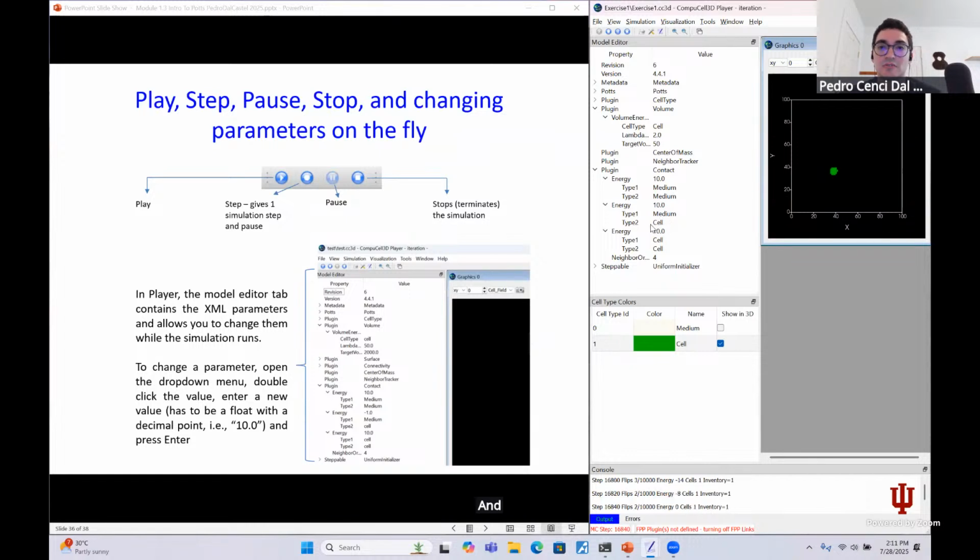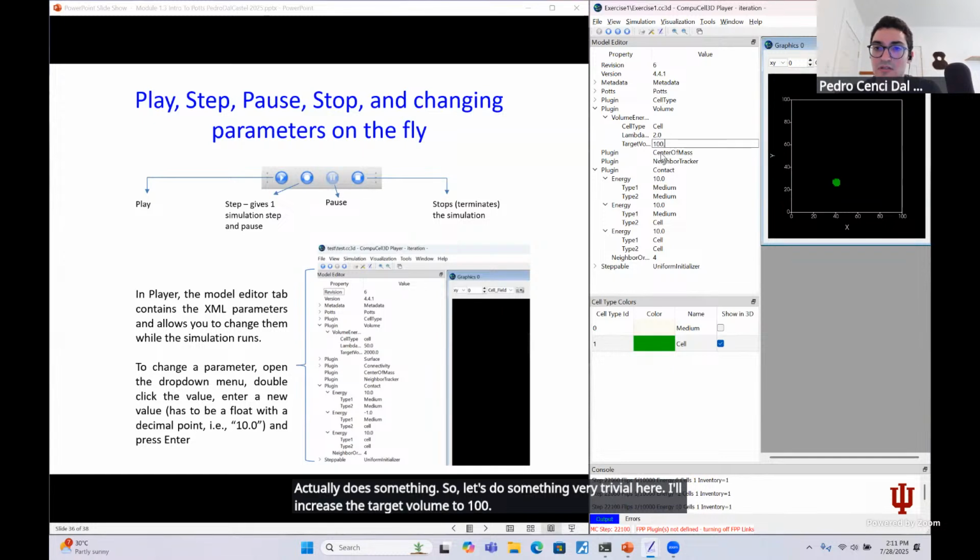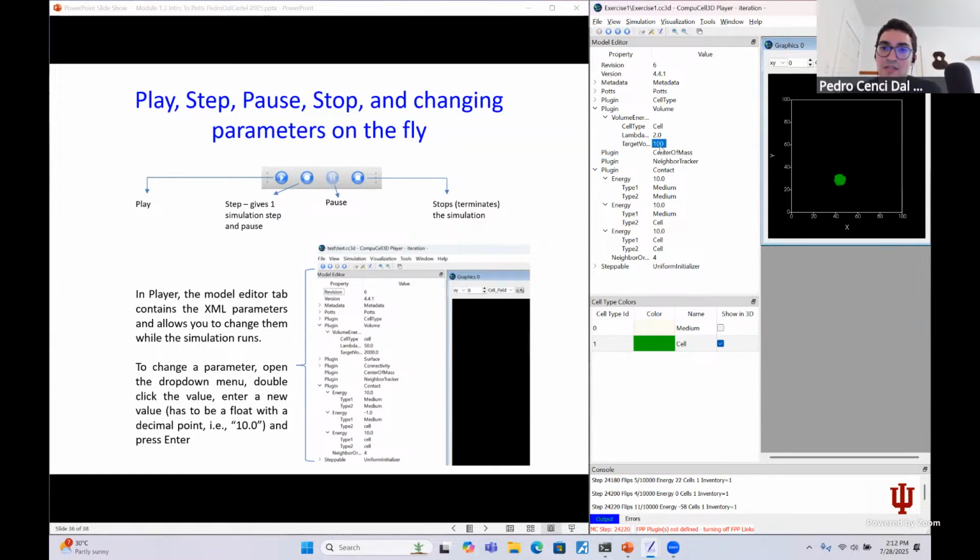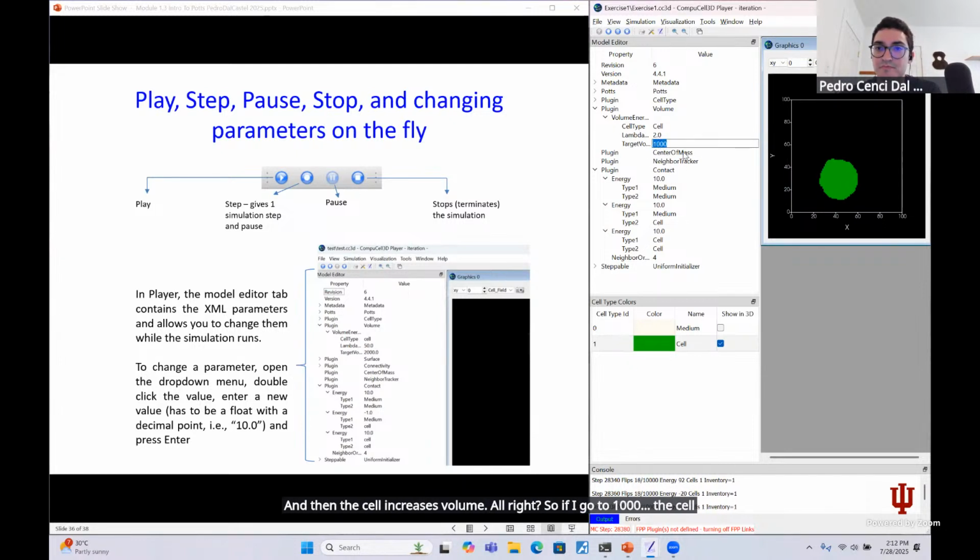And medium, cell is the only one that actually does something. So let's do something very trivial here. I'll increase the target volume to 100. And then the cell increases volume. All right. So if I go to 1000, the cell gets bigger.